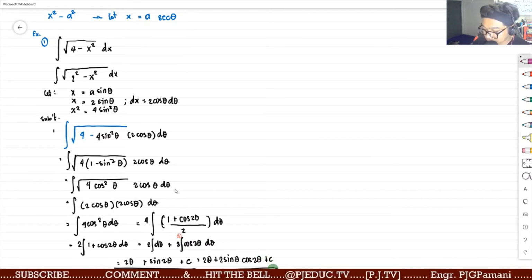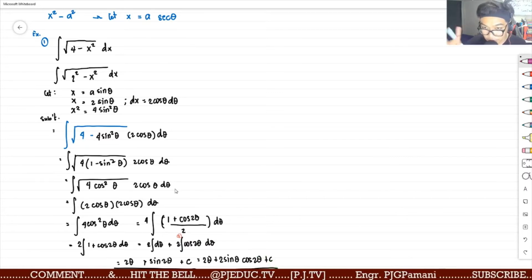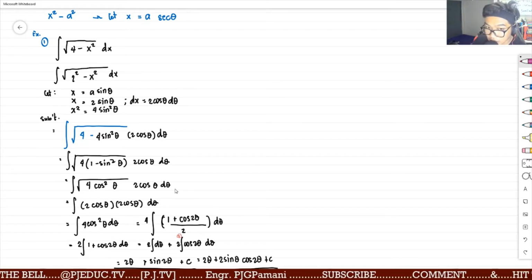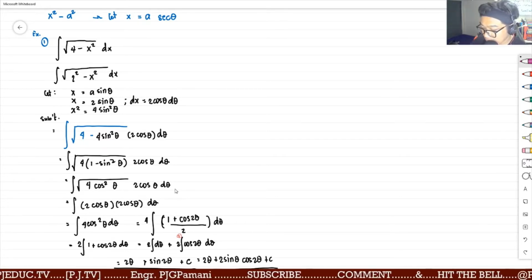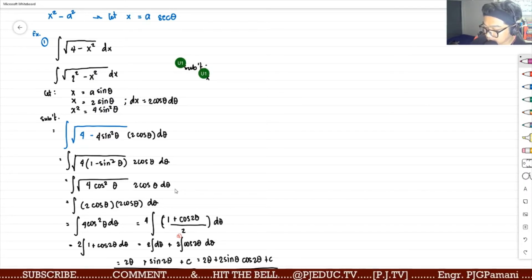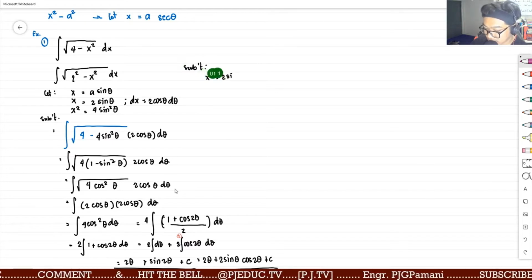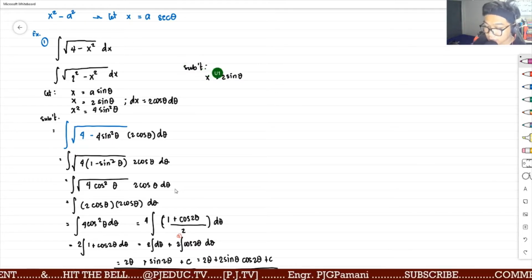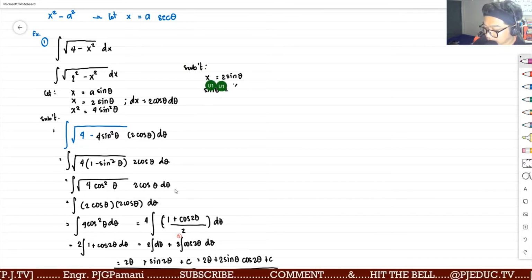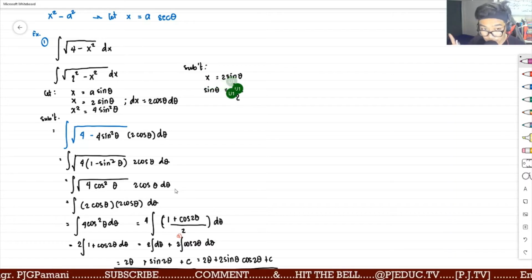With that, remember from our substitution that if x is equal to 2 sine theta, the trigonometric term sine theta is simply equal to x over 2.